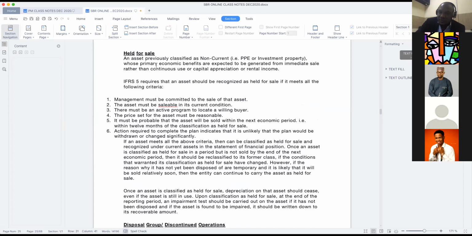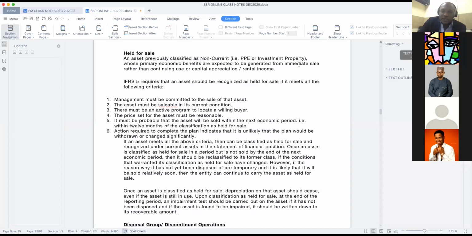Held for sale: an asset previously classified as non-current, i.e. PPE or investment property, whose primary economic benefits are expected to be generated from immediate sale rather than continuing use or capital appreciation/rental income.